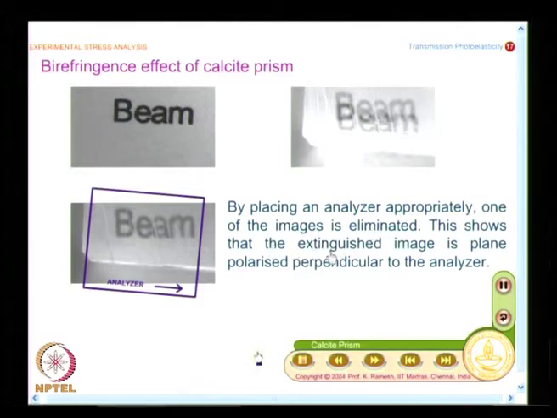This shows that the extinguished image is plane polarized perpendicular to the analyzer. You can interpret it in any way, you can look at this image and then discuss it. And suppose I keep this analyzer perpendicular to this, what should I see? I should see the other image.